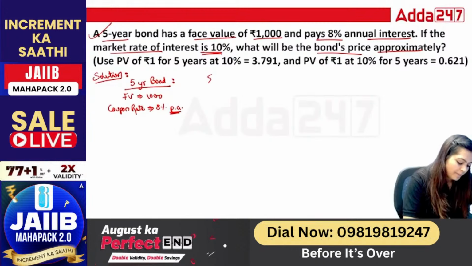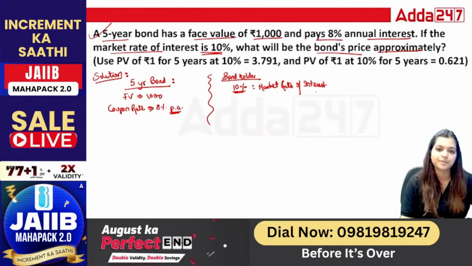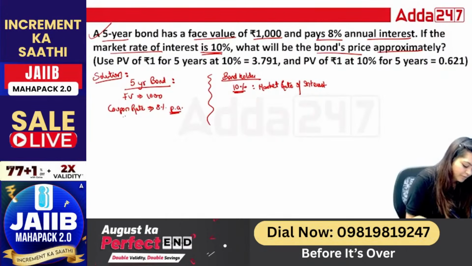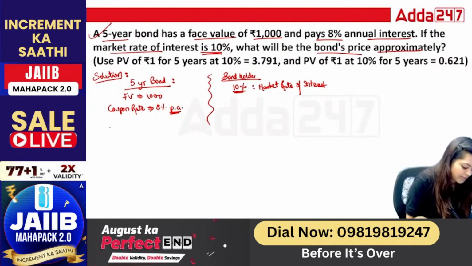But as an investor, or a bondholder, I want 10%. This is the market rate of interest, meaning if I invest in other things, I can receive 10%. But for this specific bond, the interest rate I am receiving is 8%.